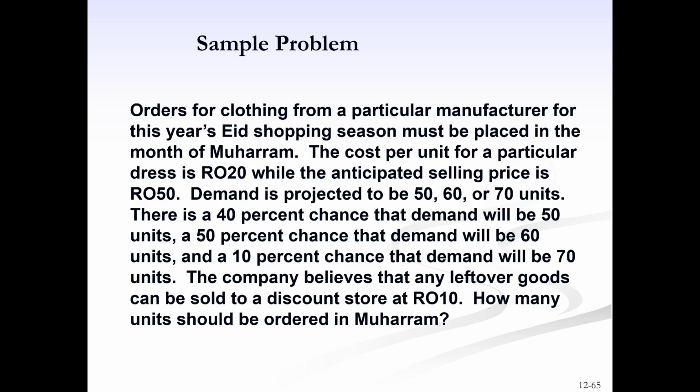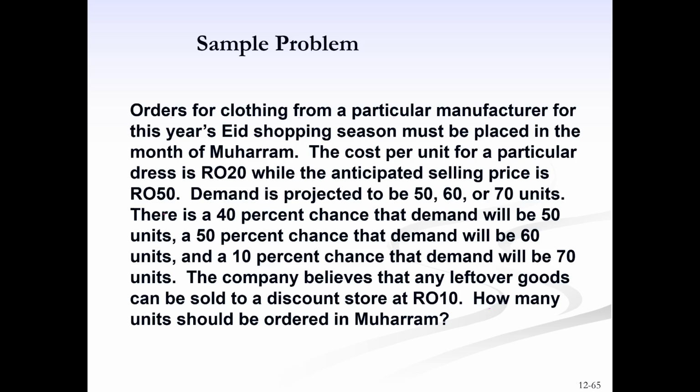Orders for clothing from a particular manufacturer for this year's Eid shopping season must be placed in the month of Muharram. The cost per unit for a particular dress is Riyal 20, while the anticipated selling price is Riyal Omani 50. Demand is projected to be 50, 60 or 70 units.